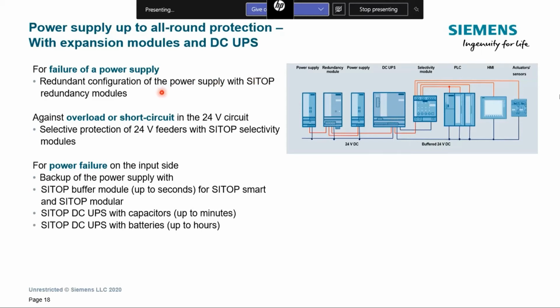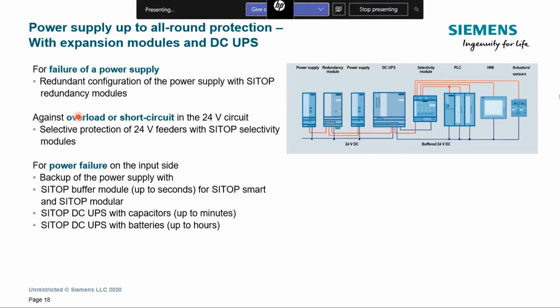And we have three kinds of improvements, let's say. So protection against the failure of the power supply itself, so hardware failure, which we overcome by using redundancy modules.